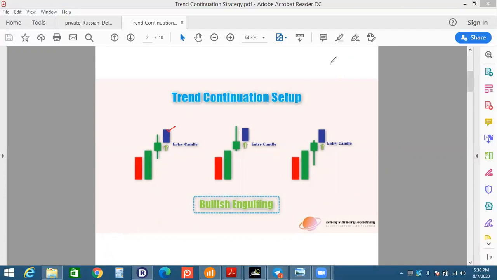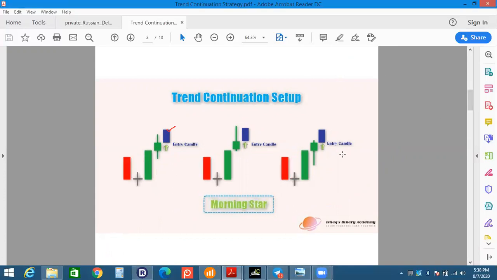The next setup is the morning star. But you must understand the concept of the morning star. You don't trade with the other type of morning star. The bullish candle of the morning star must cross this one.